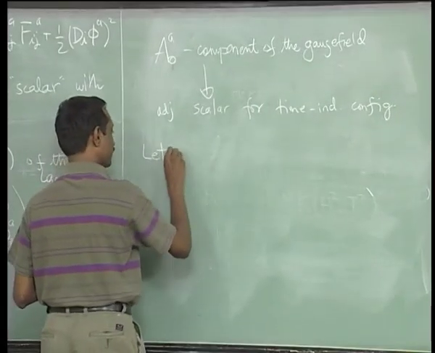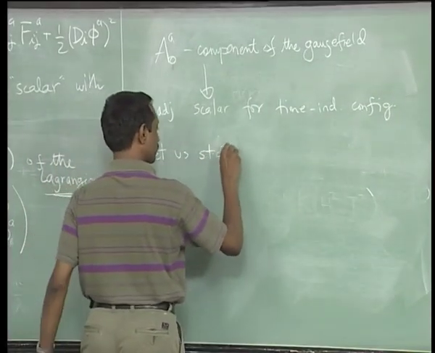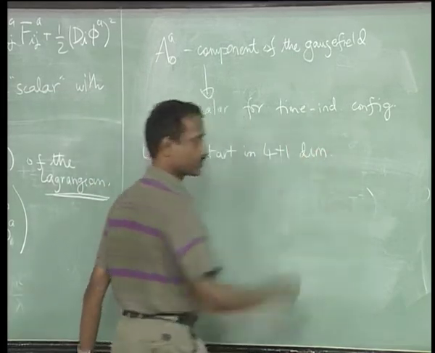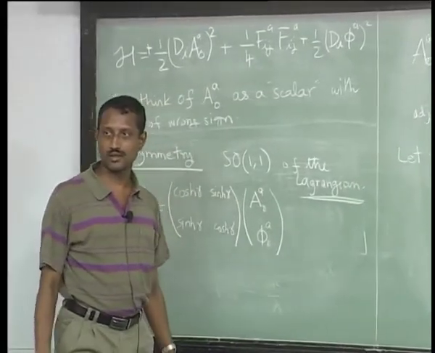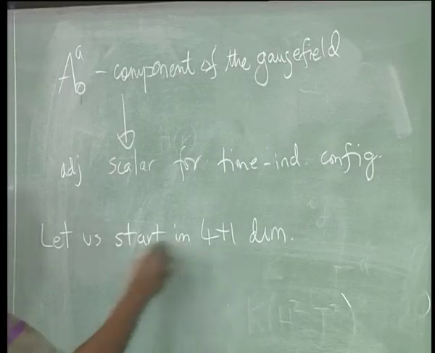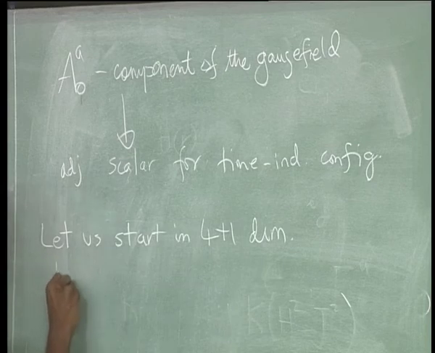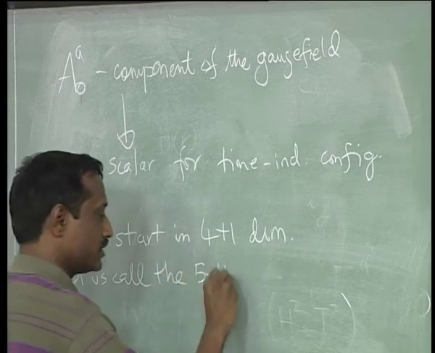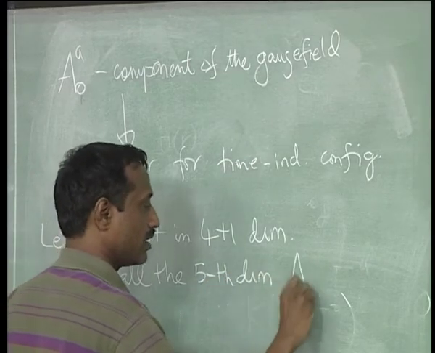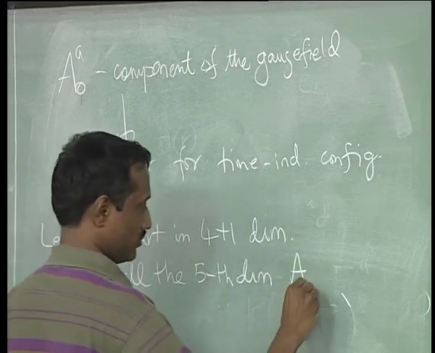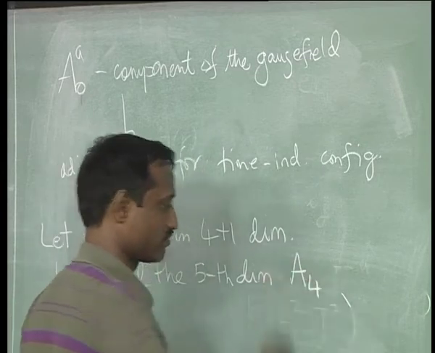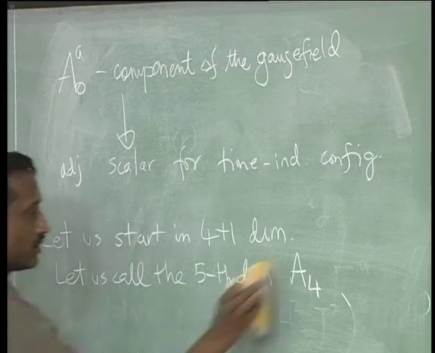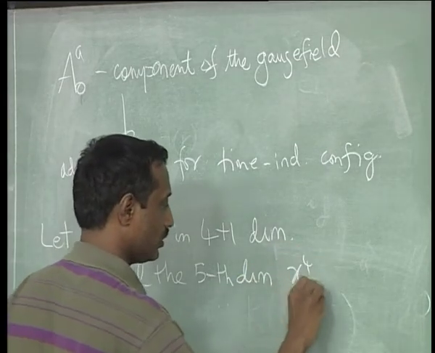So that is what I am saying. Let us start in 4+1 dimensions. Let us call the fifth dimension X4, and the gauge field.